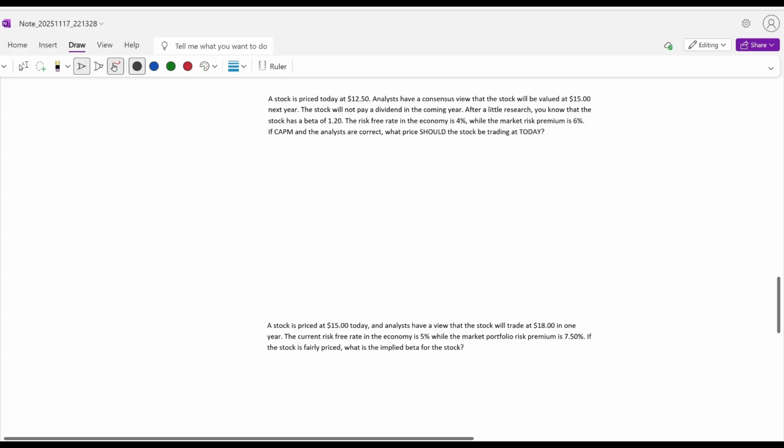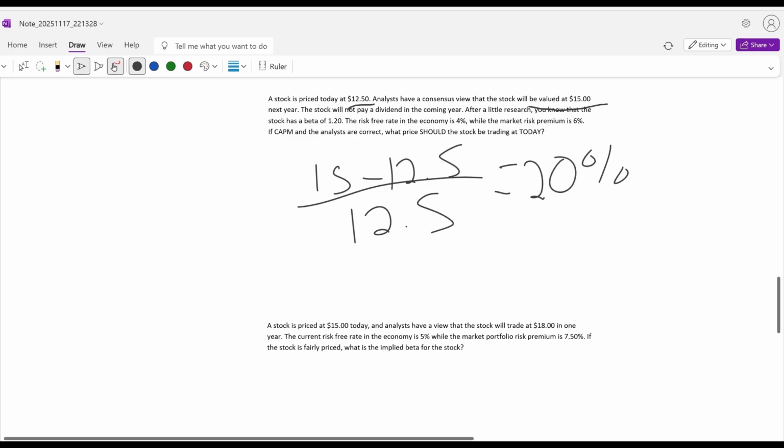Remember, we just did this with Google. The stock will be valued at $15, and today it's $12.50. So 15 minus that $12.50, and you'll use that twice because it's in the past, and that equals 20%. Investors will be expecting 20% from the analysis and what they think the stock will be valued at.